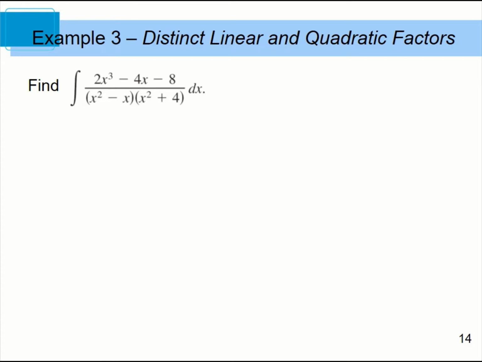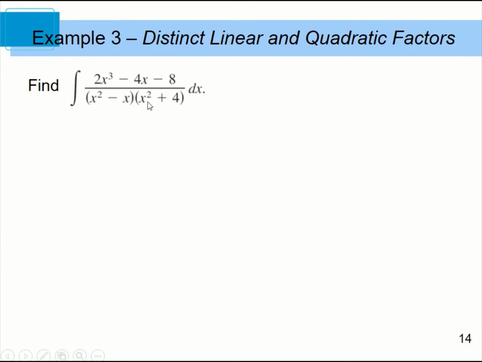Let us consider another example, a more complicated example here. We want to integrate 2x to the power of 3 minus 4x minus 8 over x squared minus 8 and multiply x squared plus 4. Now first, before we continue, we consider this function here.